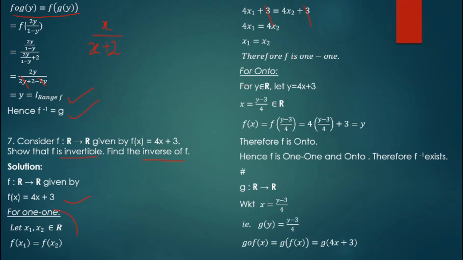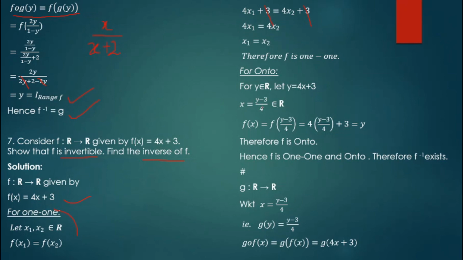Next, for onto, again we start with the mathematical representation, as we did for onto in the previous classes. So for y belongs to R, let y equal to 4x plus 3. So we write in terms of x: x equal to y minus 3 by 4.